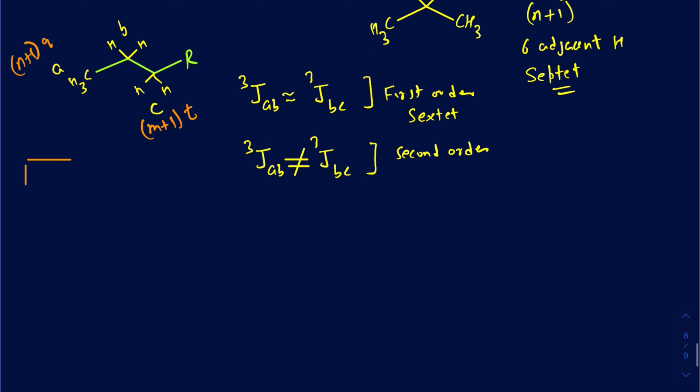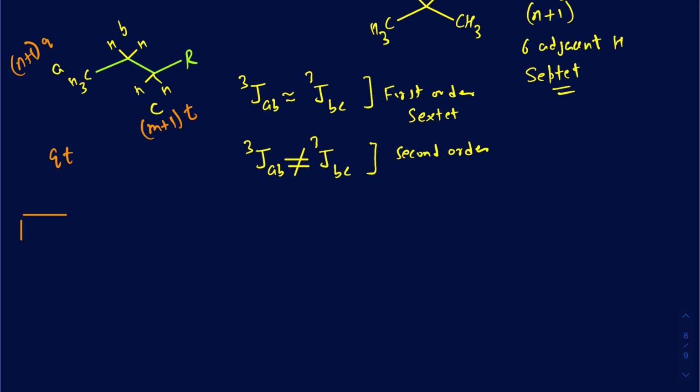Now, how does that really look in terms of a tree diagram? So let's see, we're going to have this splitting, and suppose the first time it comes out to be a quartet of triplets, so maybe a QT, and you could very well have a triplet of quartets, or maybe a TQ. That really depends on whichever coupling constant is bigger and comes first.